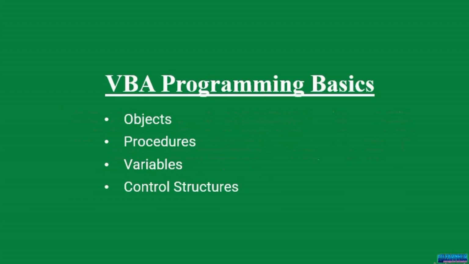To get started with VBA programming, we need to understand some basic concepts. The first one is called objects. In VBA, everything is considered an object. Excel VBA objects are commands or something that applies in a VBA code to perform some specific tasks. VBA itself is an object-oriented programming language.